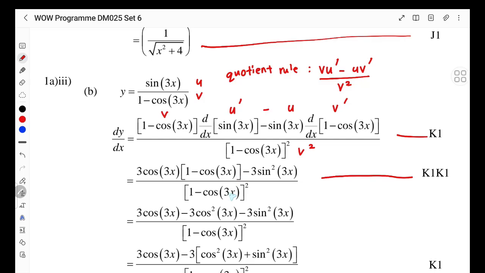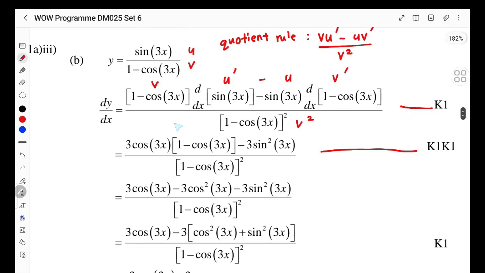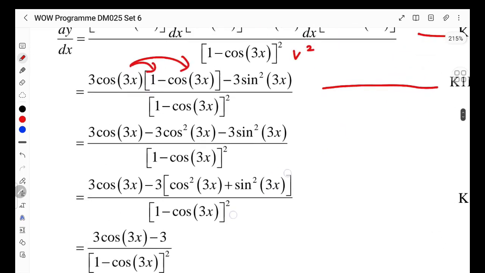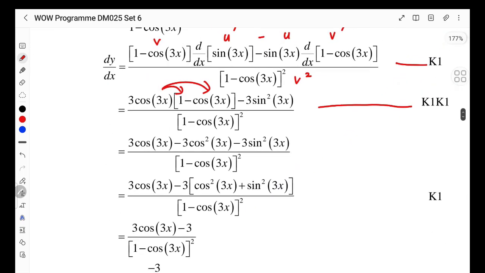Denominator just leave as it is, and then here you can expand this fraction and this bracket. So 3 cos 3x minus 3 cos square 3x minus 3 sine square 3x. From here, as you can see, we have cos square plus sine square.